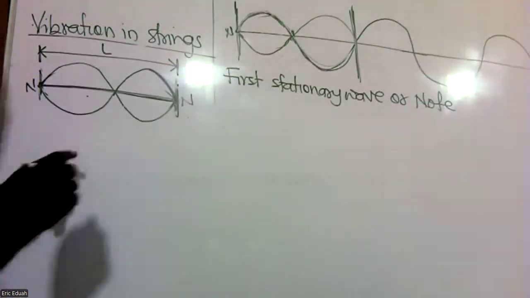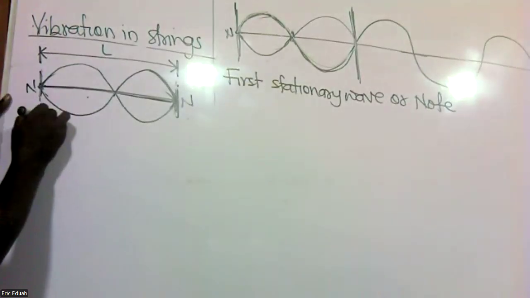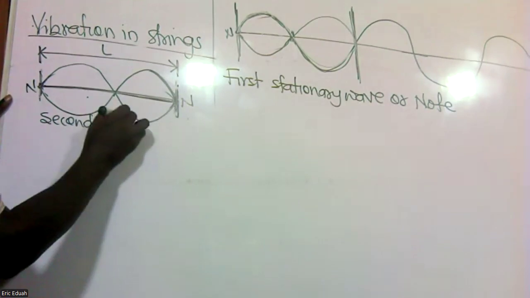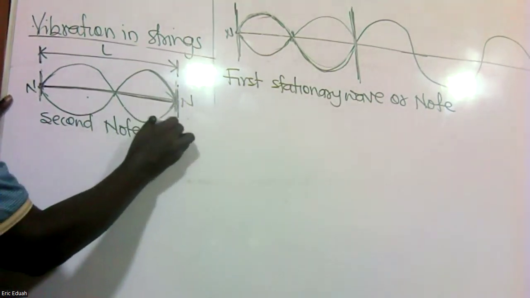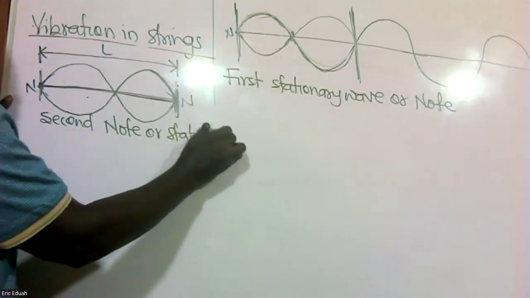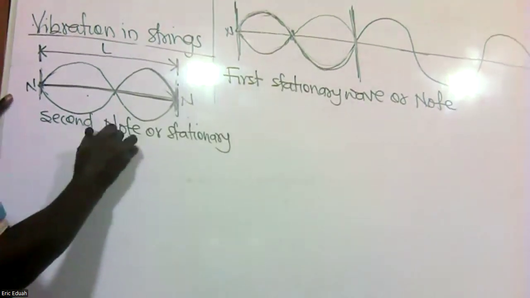So this becomes the second node or stationary wave.